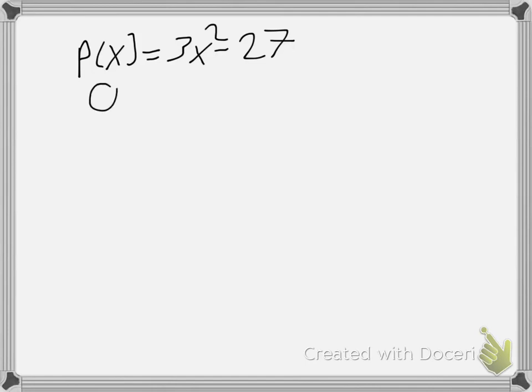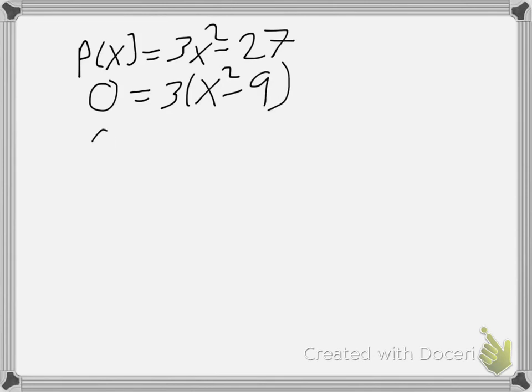Okay, so what if I have this? P of x equals 3x squared minus 27. Well, this is a factor thing to me, guys. Remember, we want the zeros, so we're going to make this 0 equal to 3 times x squared minus 9.